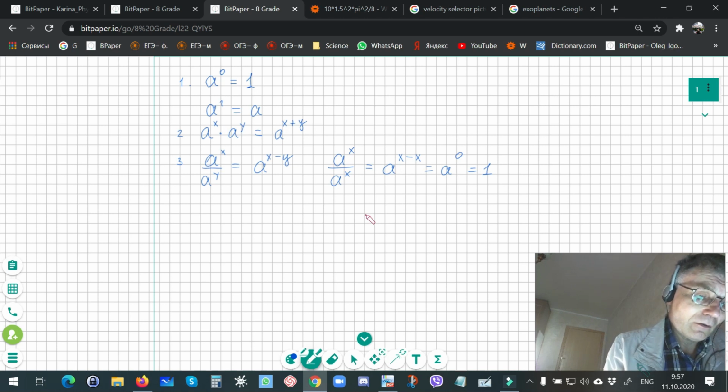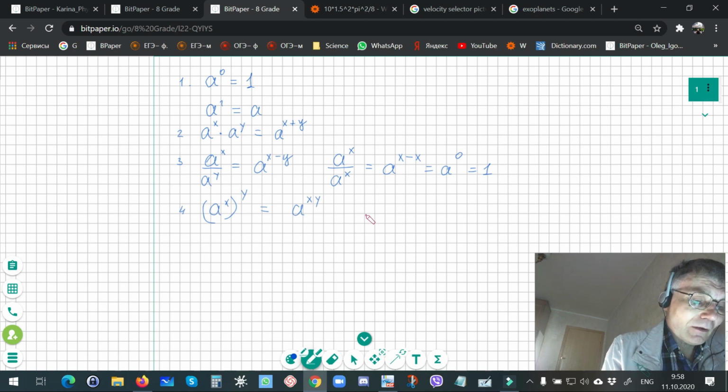Then multiple powers, exponents. If we have a to the power of x and we want to repeat it y times, so consecutive exponents, we just keep the same base and we multiply.